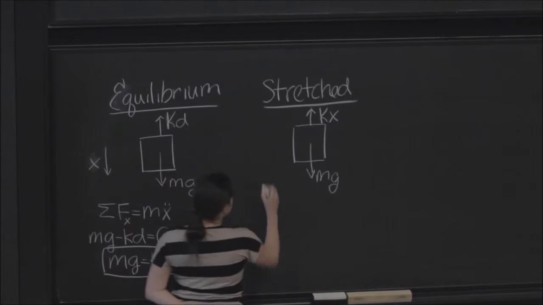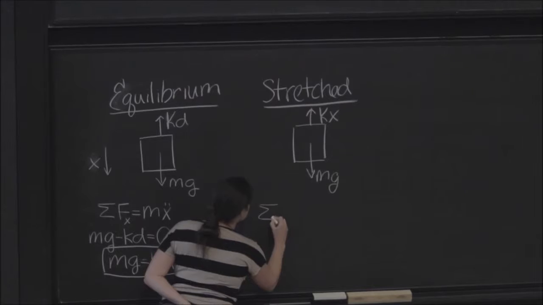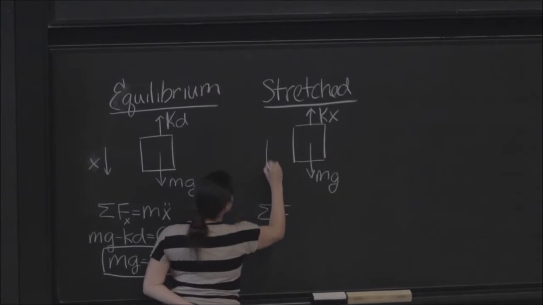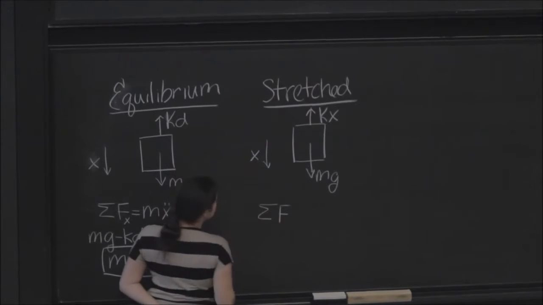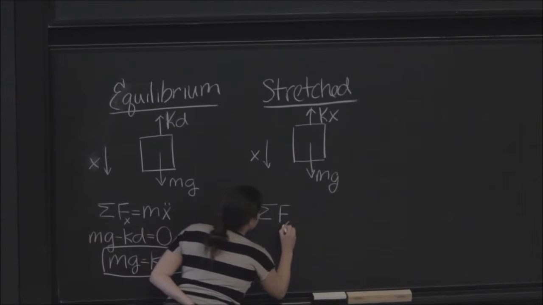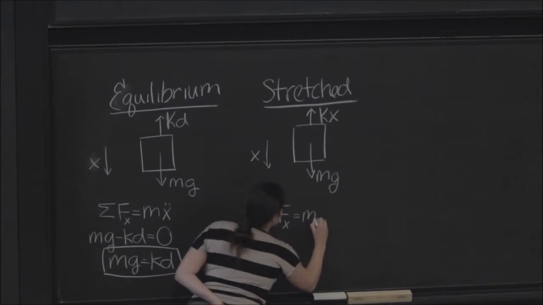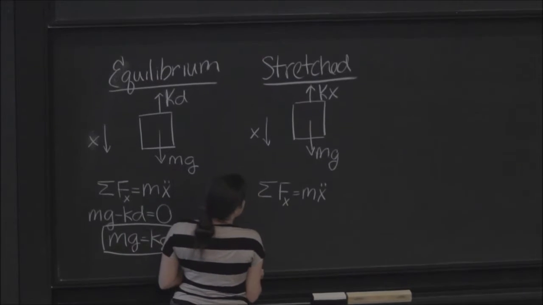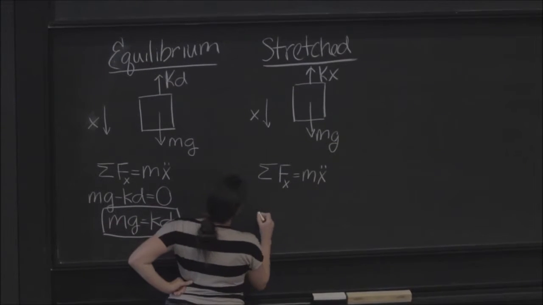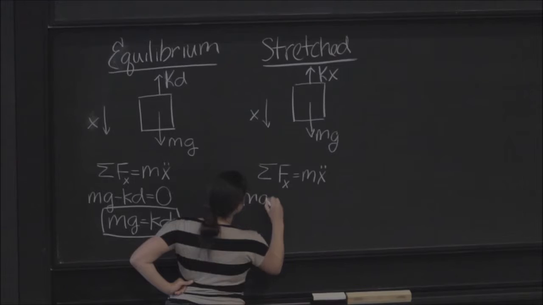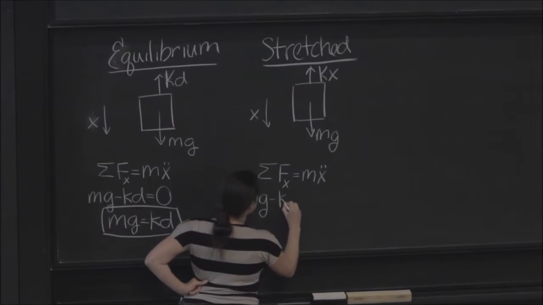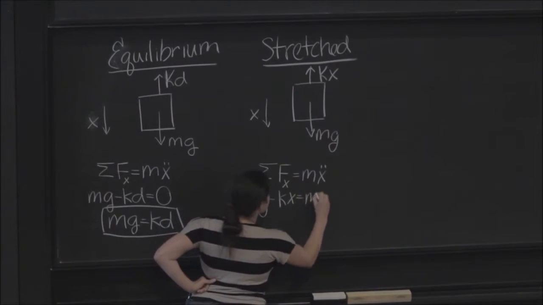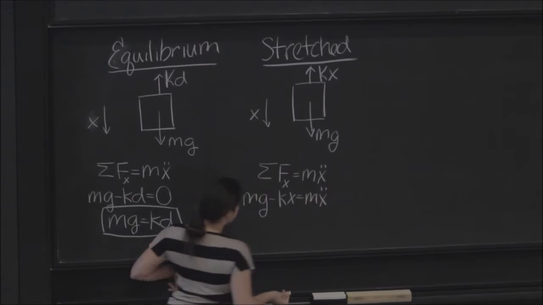So if I do my sum of the forces in the x direction, and again, I'm calling down as the positive x direction, let's see, I have mg minus kx equals m x double dot.